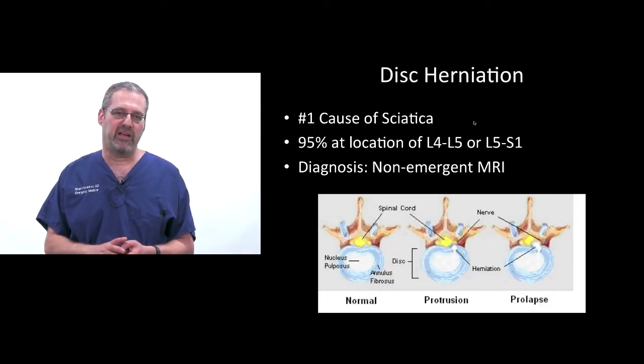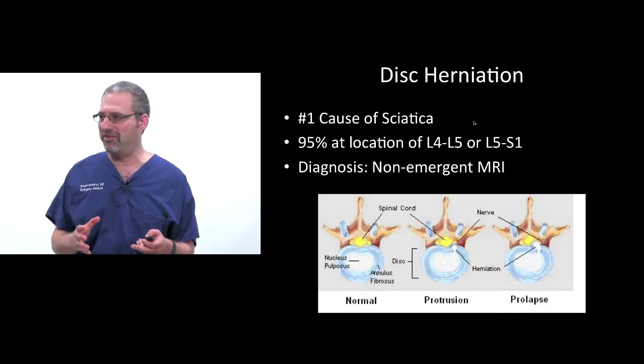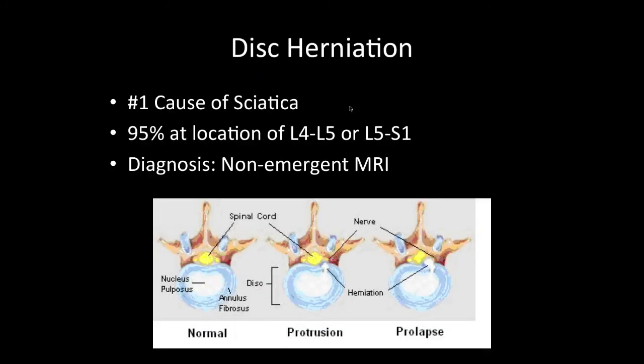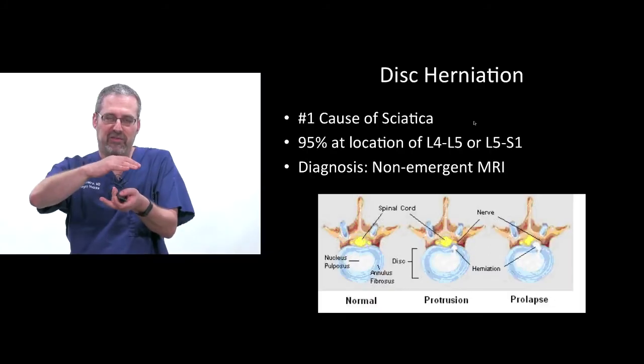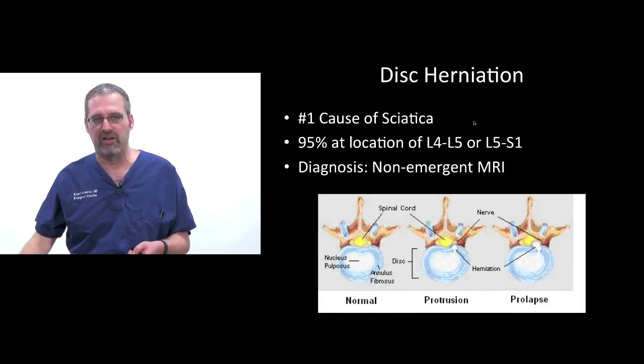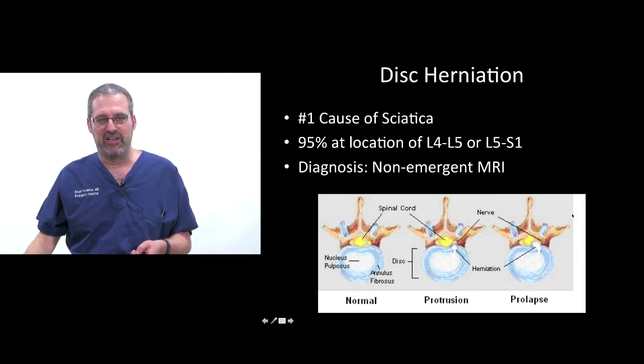And basically, I alluded to this before, but I didn't describe it very well in the first slide. The whole process basically has to do with discs that dehydrate over time as you get older, and then imbalances that happen as the discs dehydrate. There becomes asymmetry and imbalance of the way that the two vertebrae are sitting on top of one another. And that basically causes a pinching of the nerves as they come through the middle of the two vertebrae, through the foramina.